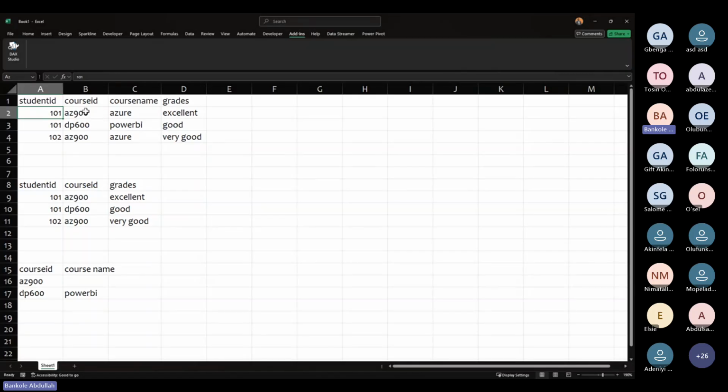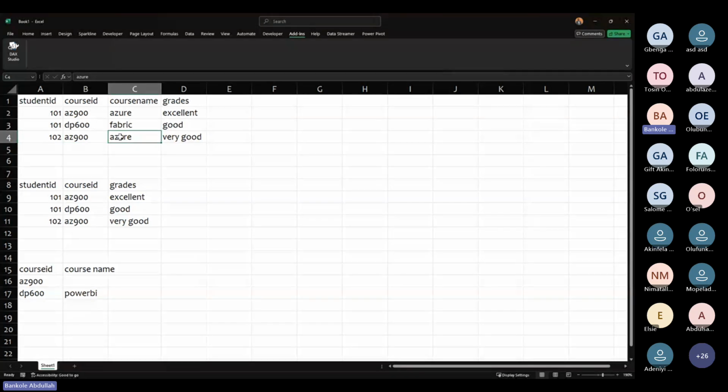But where we have AZ900, Azure is resting on AZ900, or AZ900 actually means Azure as well. Do we get that one? Same thing with DP600, meaning Power BI, or let me call this one back Fabric. I think it's supposed to be Fabric. And AZ900 back to Azure.